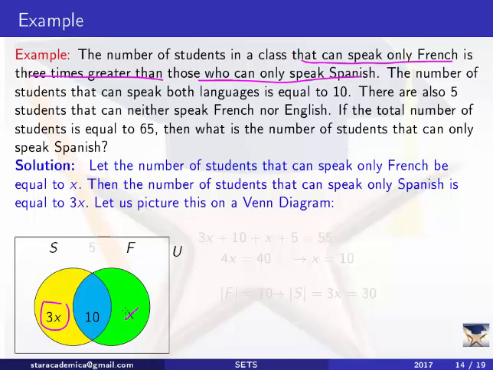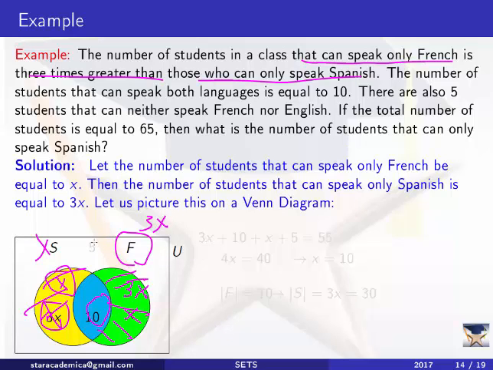So we are going to make this X here and this 3X. The green one is people speaking only French, so French is 3X. Spanish, the yellow one, is just X.